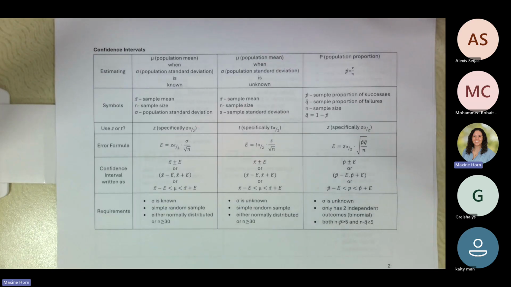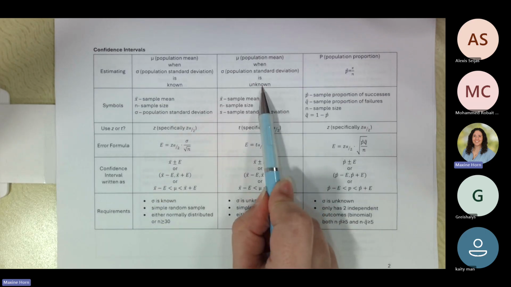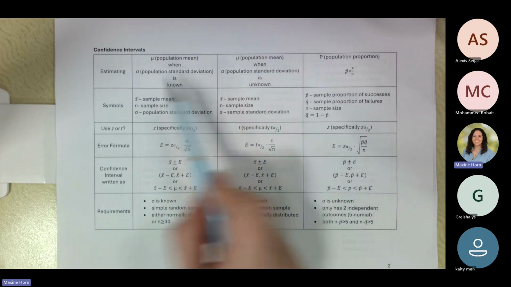The second page of the handout breaks everything down based on the 3 different types of situations that you're going to have. When you're creating a confidence interval, you're either going to know your population standard deviation, or you're not going to know your population standard deviation, or you're going to be dealing with proportions, not means.